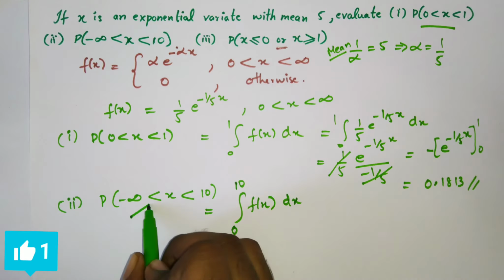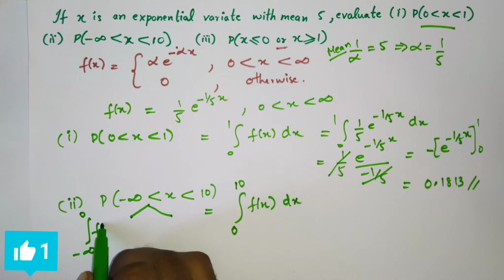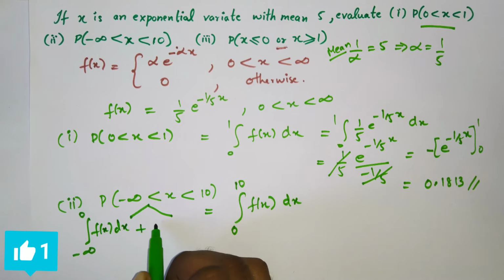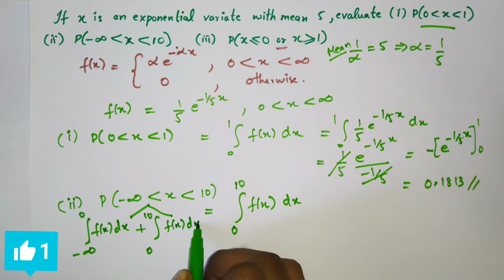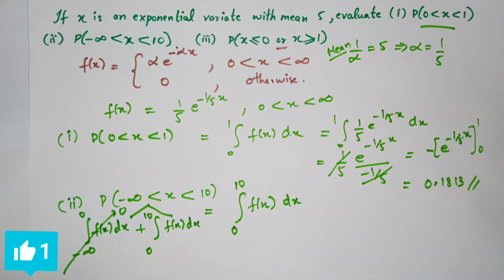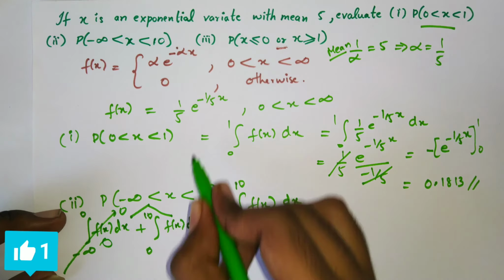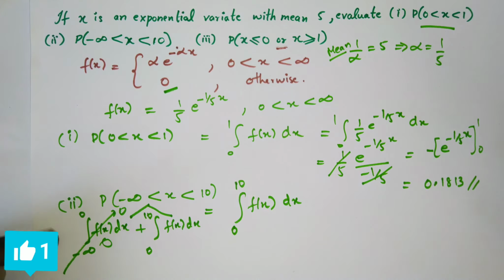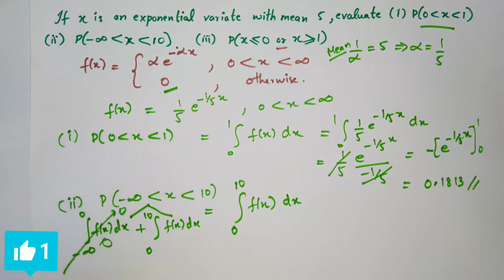I can split this as the integral from −∞ to 0 of f(x) dx plus the integral from 0 to 10 of f(x) dx. The first term is 0, because whenever x is below 0, that means from −∞ to 0, the function is 0. So we are integrating from 0 to 10, that's it.